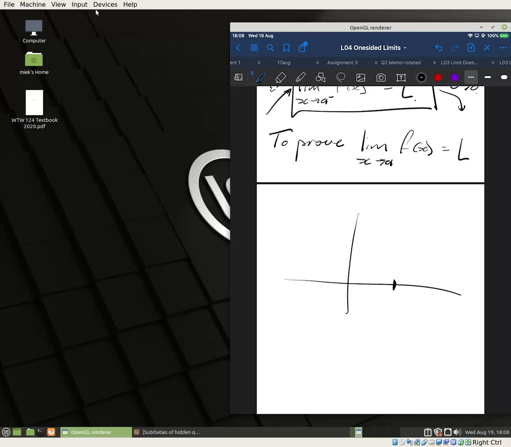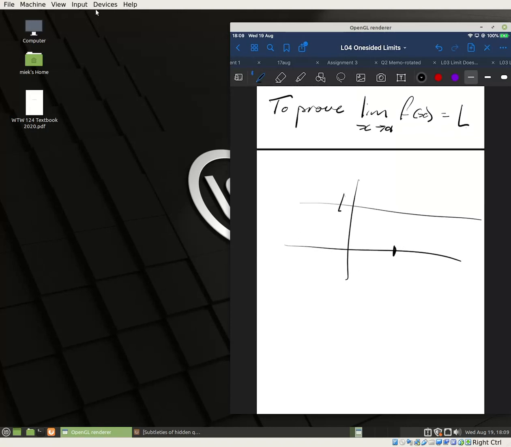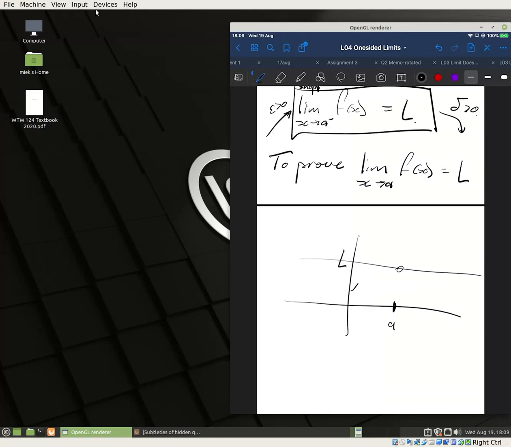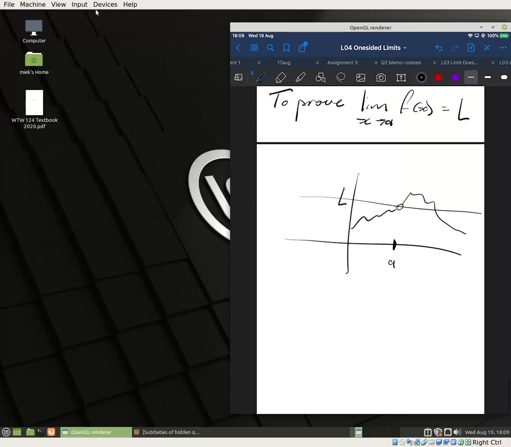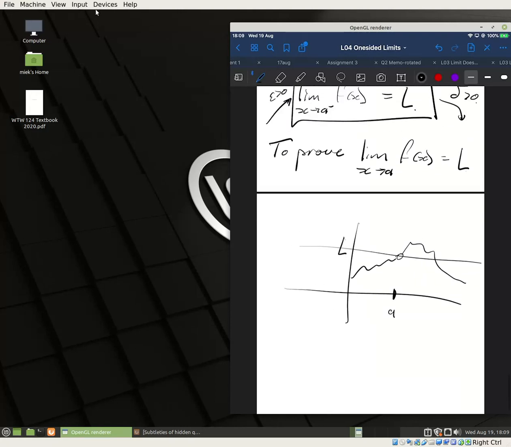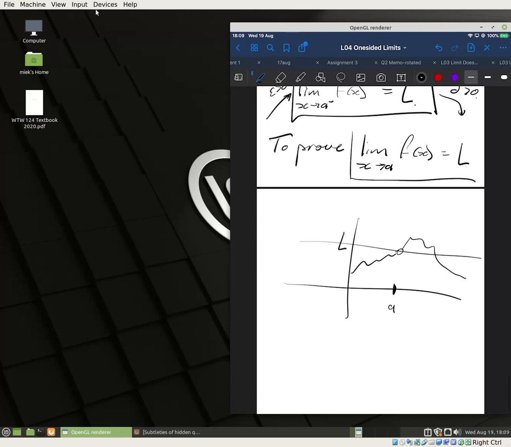We are assuming that the left limit and the right limit are equal to L. So we are in a situation like this. If the graph of our function looks something like that, now we want to prove that this limit exists. Remember, how do we do that? We expand the meaning of this statement, and we write a proof outline, and then we fill out everything.